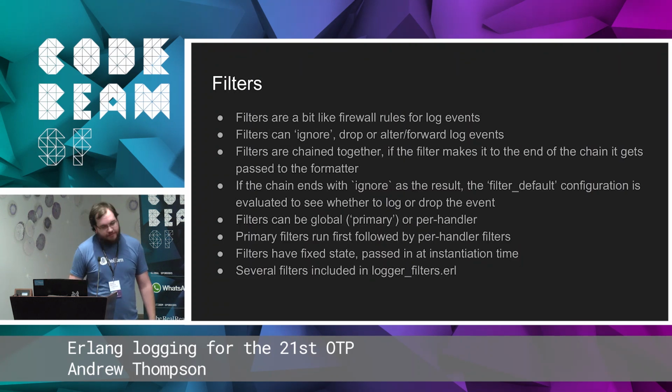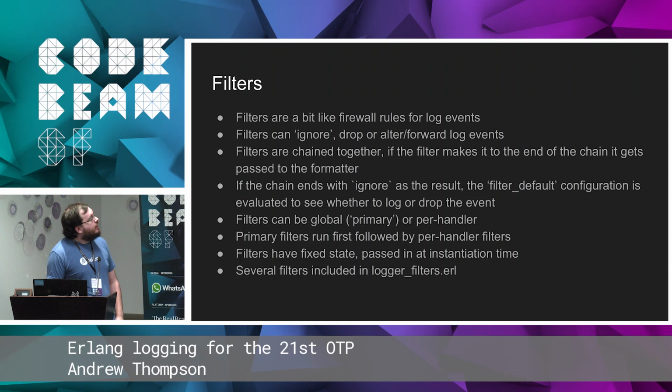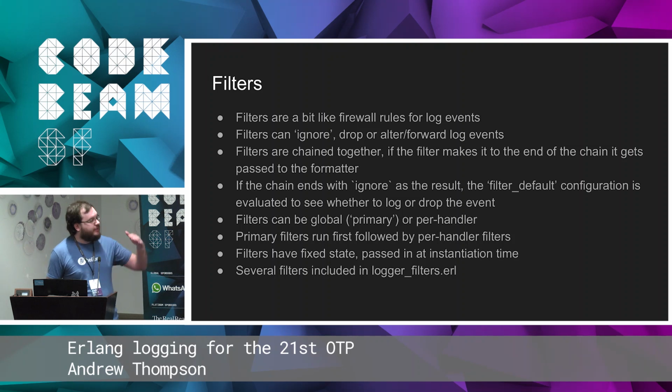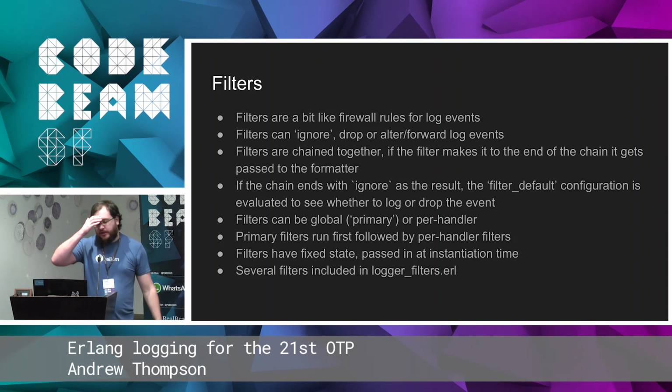So now, let's quickly talk about filters. I really think of them as reminding me of writing firewall rules for IPFW or PF. The filter can ignore a message, which basically just passes it through. In almost all cases, it can drop the message. It can say, I really don't want that. Or you can alter the message, transform it, and return the new message.